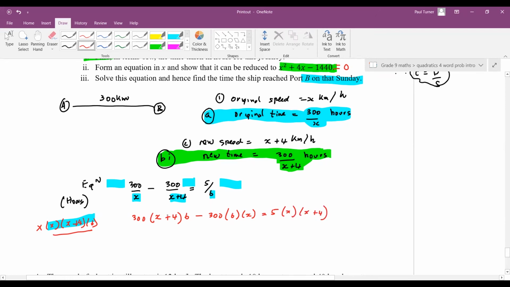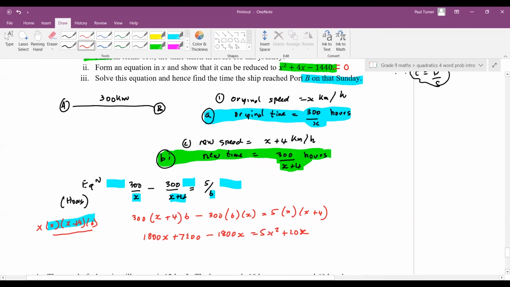So yeah, kind of a big one. So we end up with 1800X plus 7,200 minus 1800X equals 5X squared plus 20X on this side here. That's 20X.